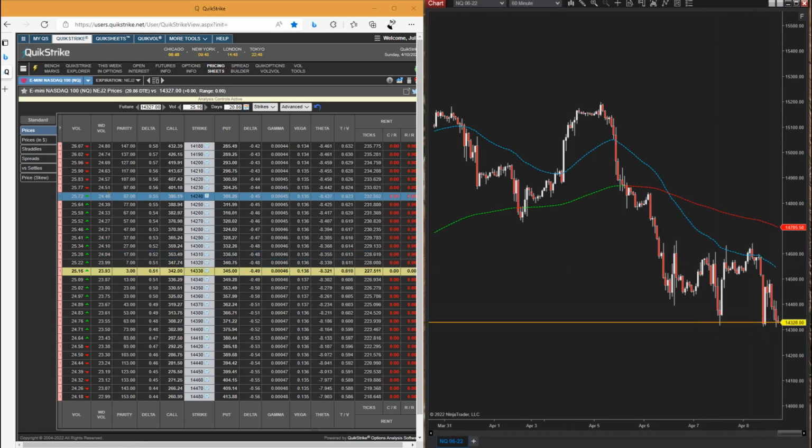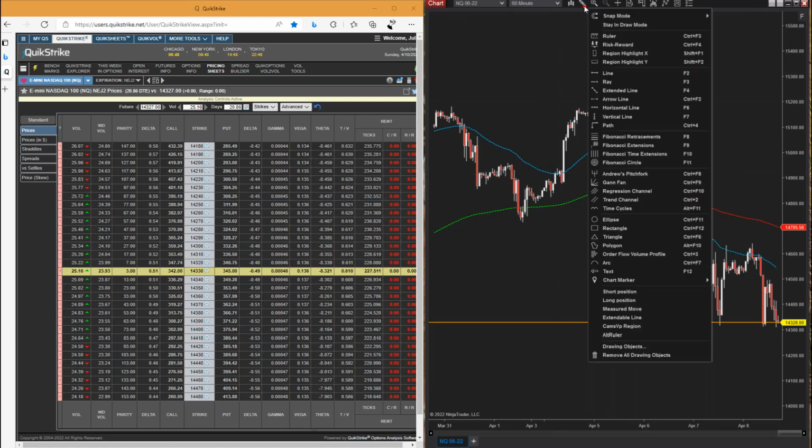And the first support levels for at the money, in the money, that would be 14,420. Well, let's say 14,410 to 14,420.